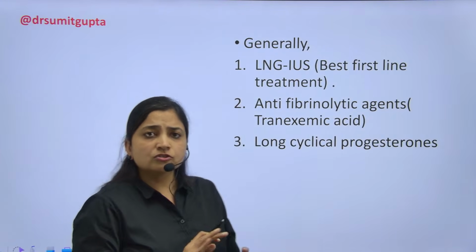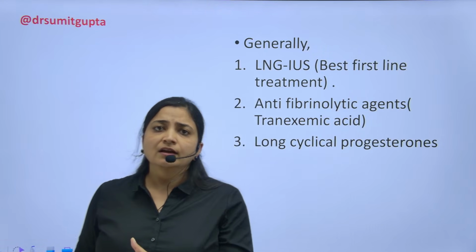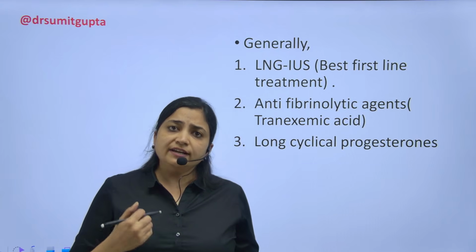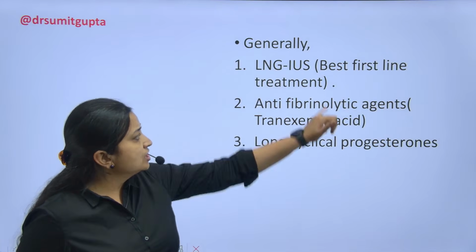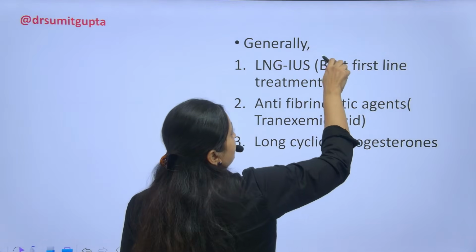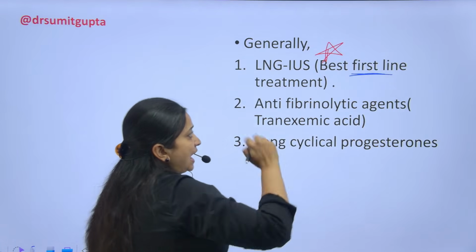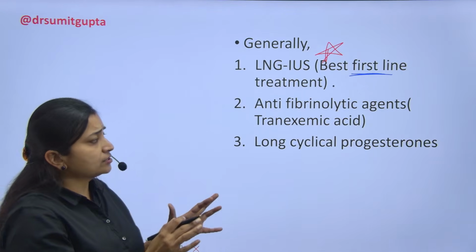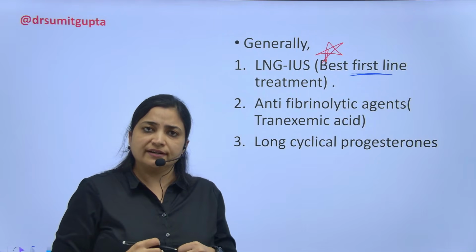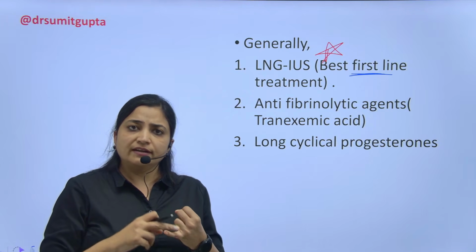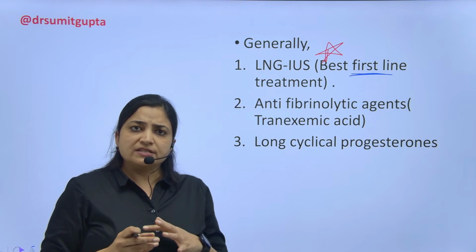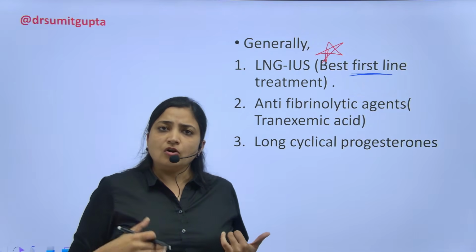So after talking so much about this and that, what do we do? What do we tell the patient? LNG-IUS is the best first line management if your selection of the patient is correct, that is, the cavity is not distorted, the uterus is of more or less normal size, and the patient needs long-term progesterone.